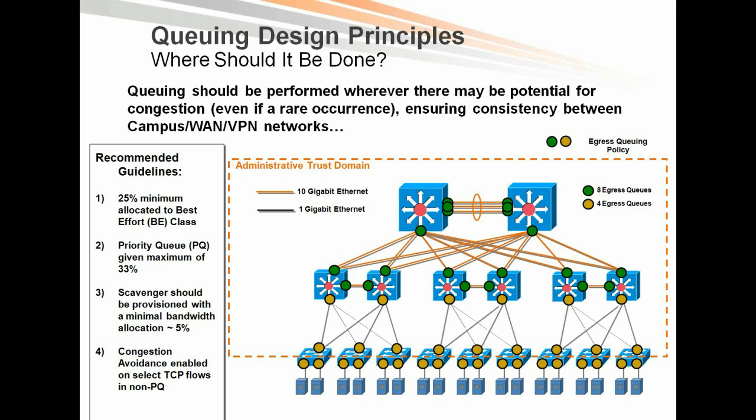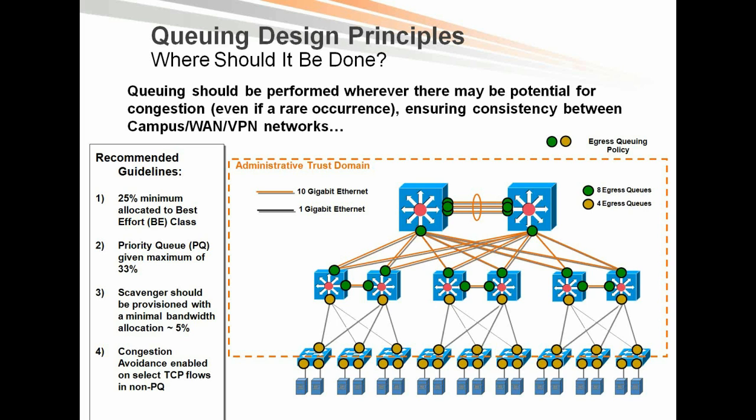So there's a threshold there that you may cross where you start impacting standard data traffic because the priority queue is so overfull. And the best practice behind this is we try to keep the priority queue as clean as possible because it's for really low latency and intolerant applications. So there's the recommendation for that.